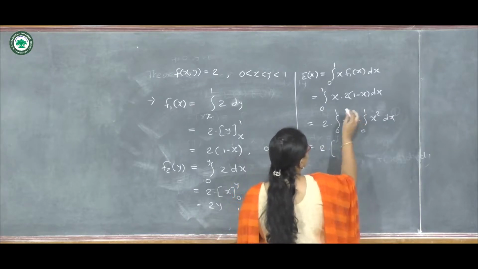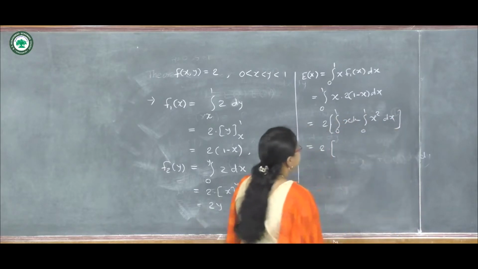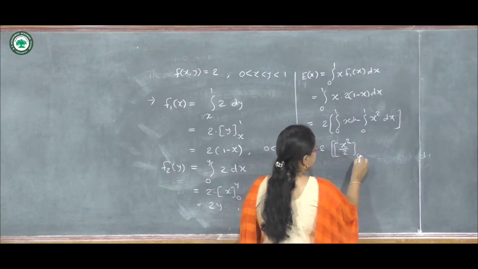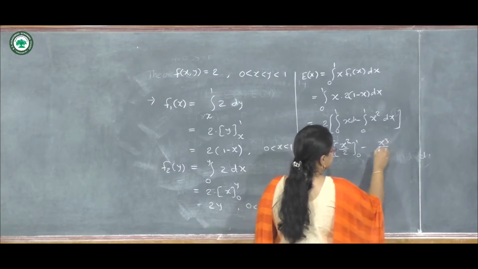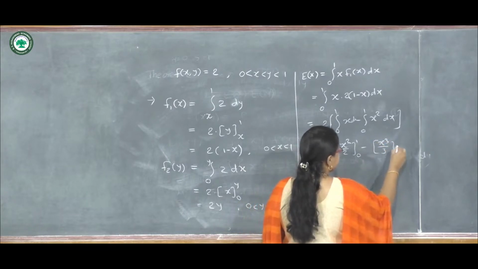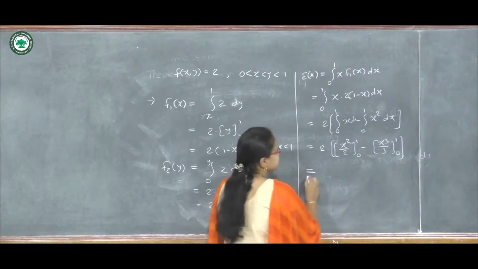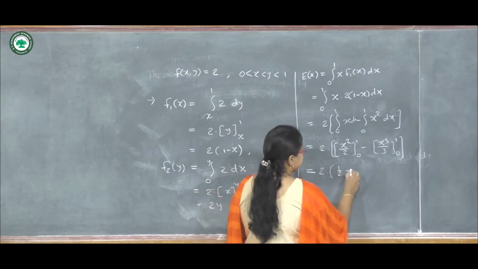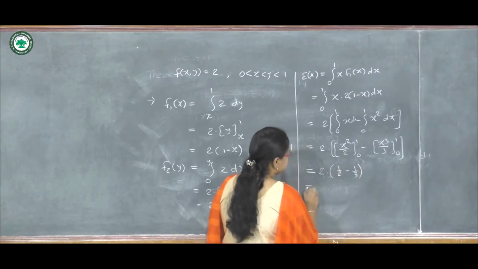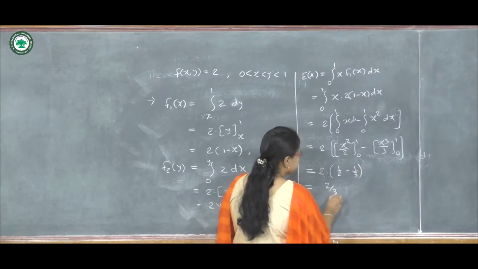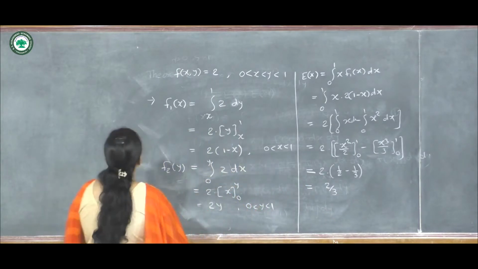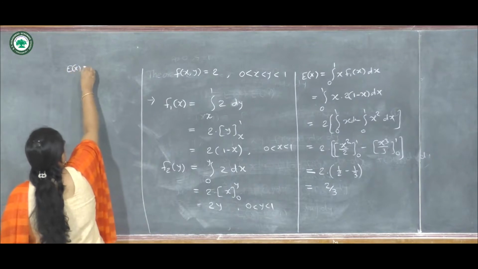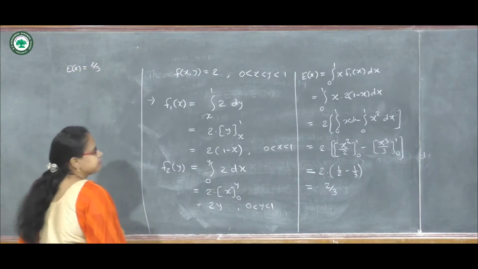So 2 times this bracket will give us 2 upon 3. So I will write down the values here. Expected x is 2 upon 3.